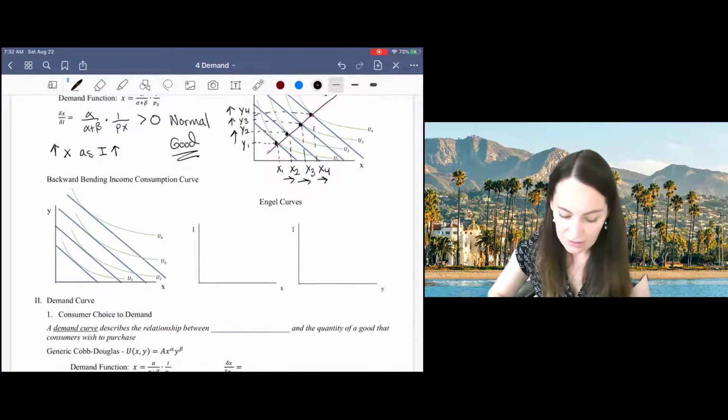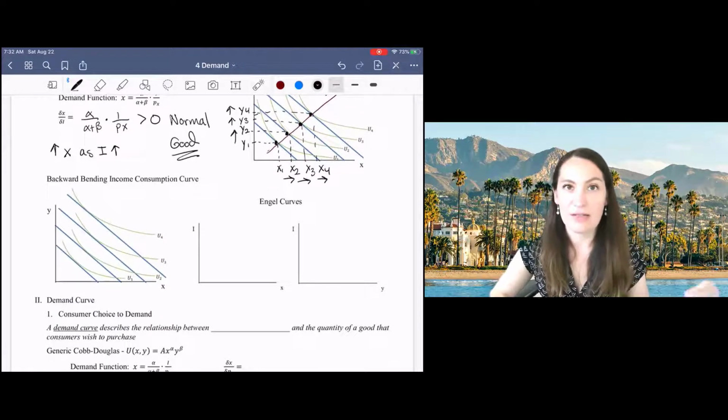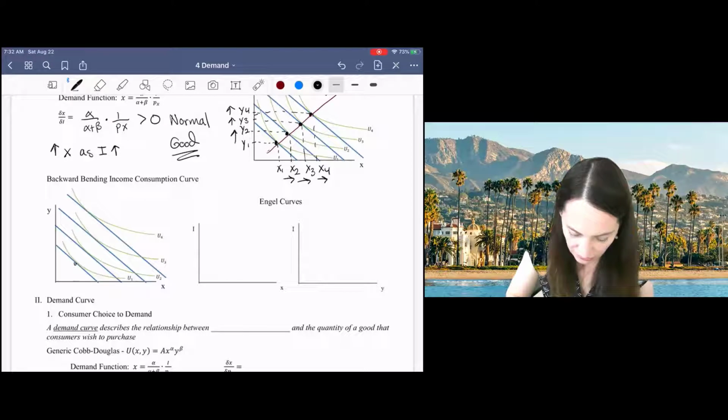So here we have another set of budget constraints and indifference curves giving me a backward bending income consumption curve. What does that mean? Let's just plot our income consumption curve here, looking at the tangencies. And you can see why we call it backward bending. At first it's increasing and then it kind of bends back.